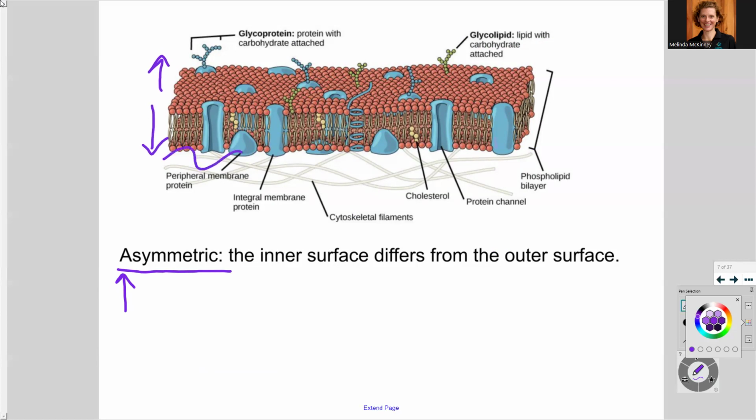And so the inside is often going to be anchored to, actually, these are cytoskeletal elements. So they're part of the cell structure. They're often actin filaments that are going to be connected there. Whereas the outside is going to have more of the signaling type of molecules that are going to let other cells know what this cell is.